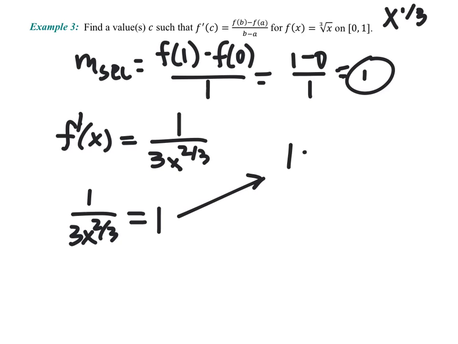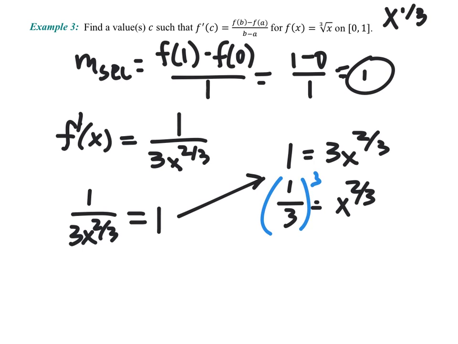So I'm going to cross multiply, and then cube both sides. So I get 1 over 27 is equal to x squared.